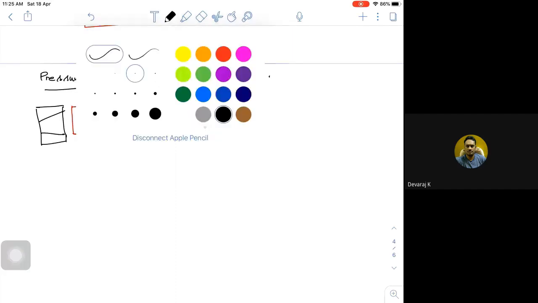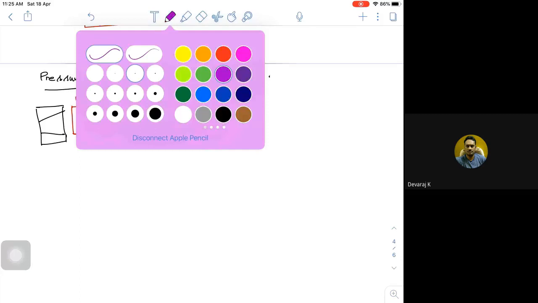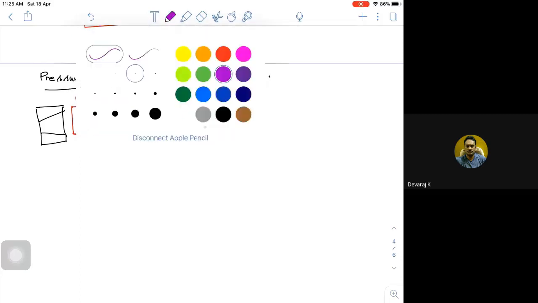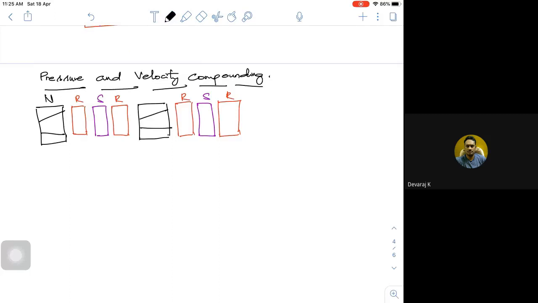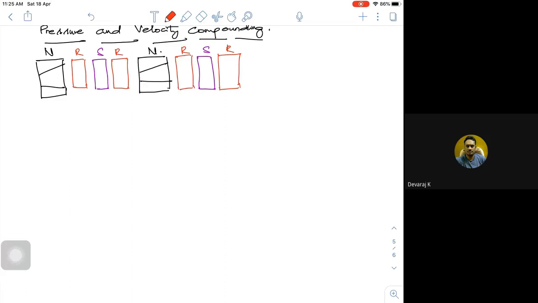So R are the rotors, and these are the stators, and these are the nozzles. I've not drawn to scale, so constructionwise they will be to a particular scale actually. Now if I try to draw the corresponding pressure and the velocities, what happens here?